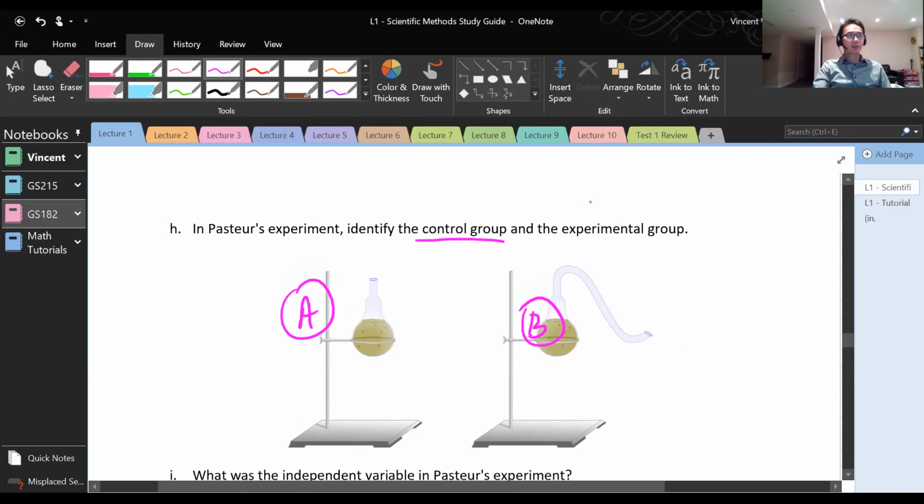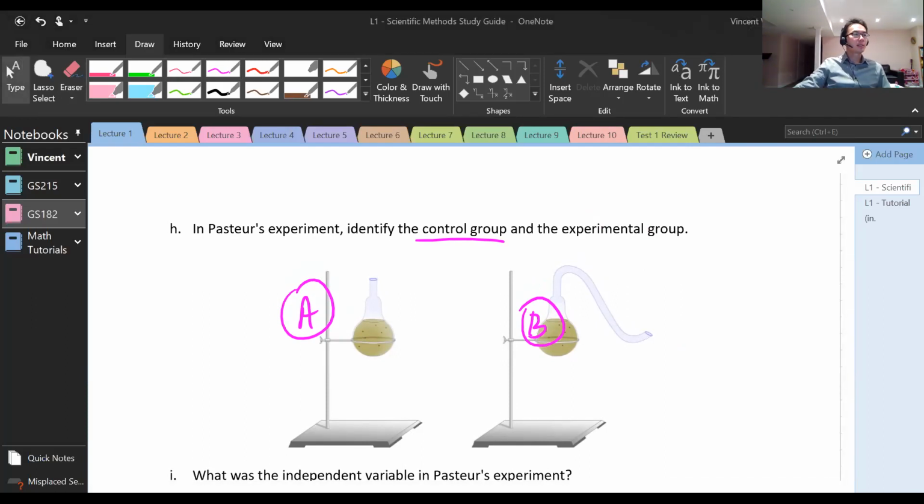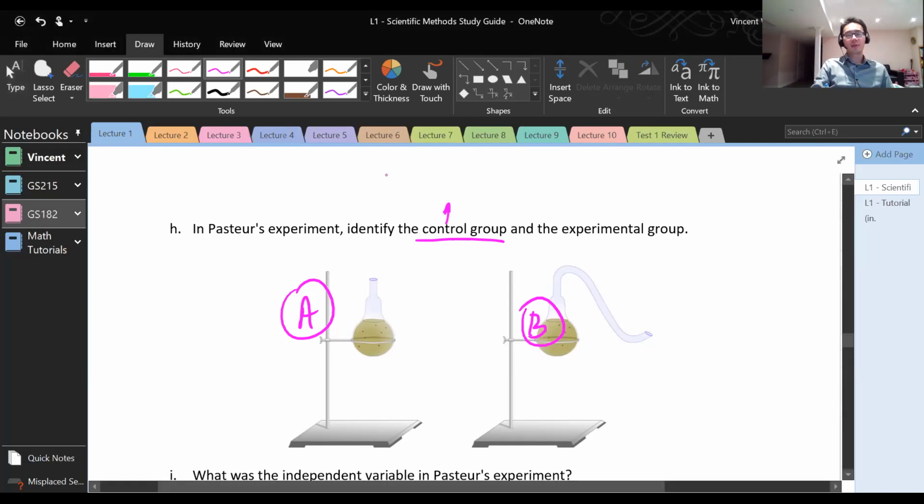We are neck to neck right now between this one and this one. We give it a couple more seconds for people to decide. Okay, well, looks like it is almost half-half. So let's talk about what a control group is. The control group is the group that has no treatment, no modification.